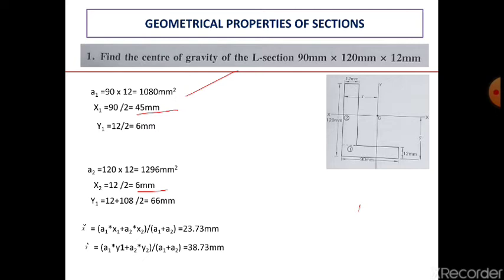Here x bar and y bar are your center of gravity distance. Okay, it is very simple. Just find out the values and substitute in the formula. Okay, you will get the values.